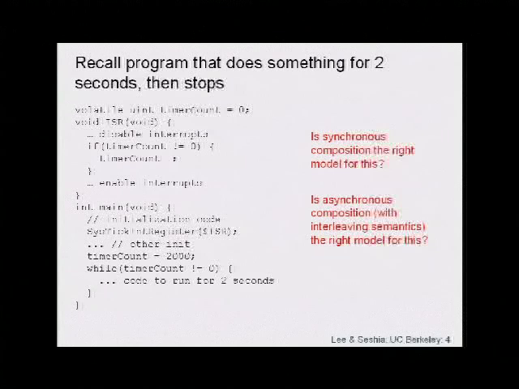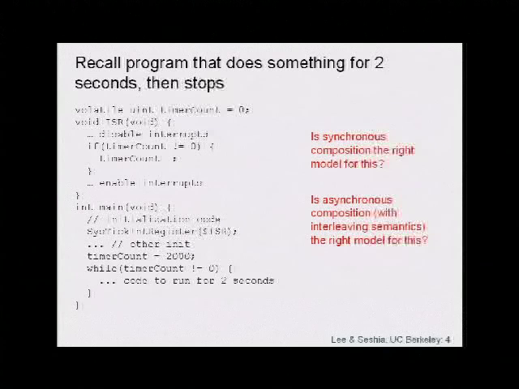It actually turns out that neither of these work. With synchronous composition, it's a little easier to see, because there are scenarios like we sketched out when an interrupt happens where the main function is suspended. And with asynchronous composition, you would think that maybe it should work, because the environment decides at any instant that either the main function makes a transition or the interrupt service routine does.